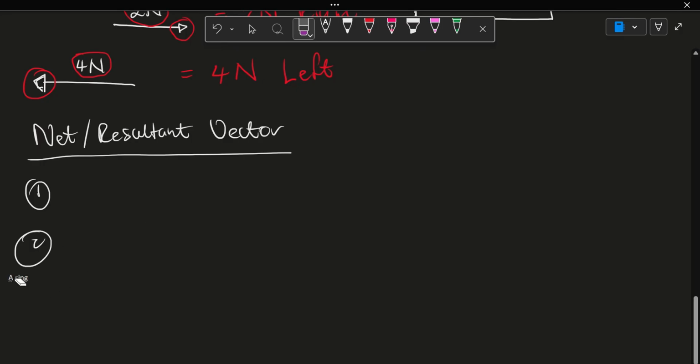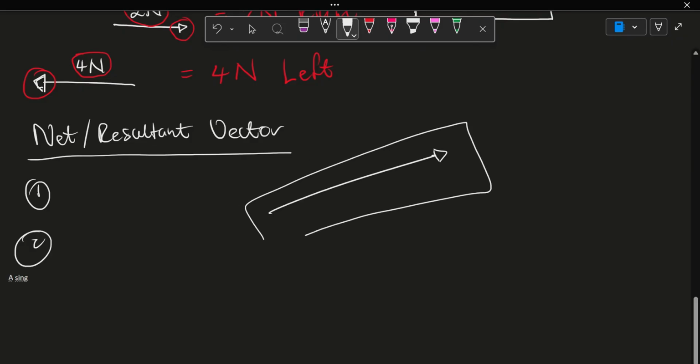A single vector that has the same effect as 2 or more vectors acting together. This guy right here is a single vector with the same effect as 2 or more vectors acting together.